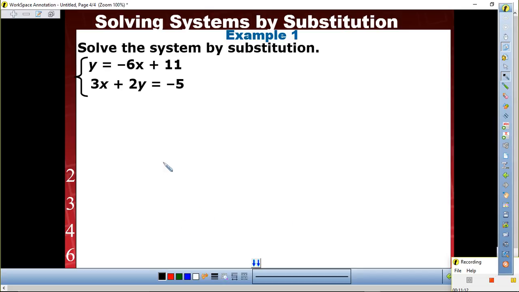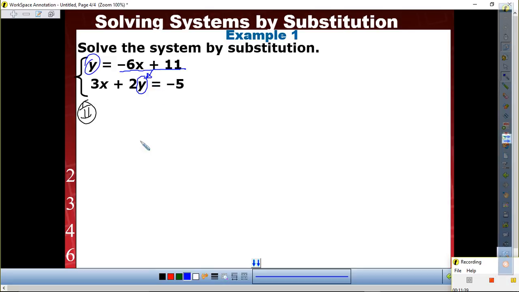Substitute, solve. So check this out. Step 2, let's do step 2 together. Did everybody see that this one's already solved for y? So we're going to substitute this into the second one. What is y? y is negative 6x plus 11. So on the second equation, instead of writing y, what am I going to write?